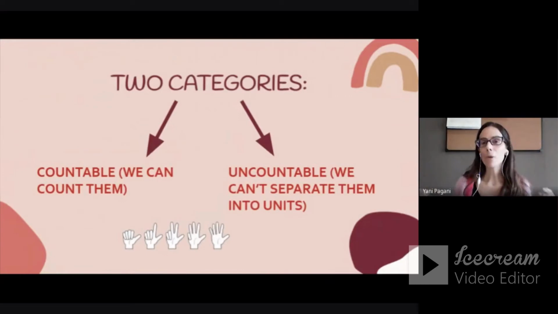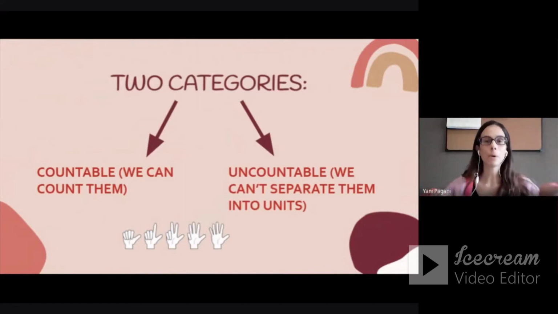So, now that we know what a noun is, we should identify that in English we have two different categories of nouns. Nouns can be countable, and this means that we can count these nouns.